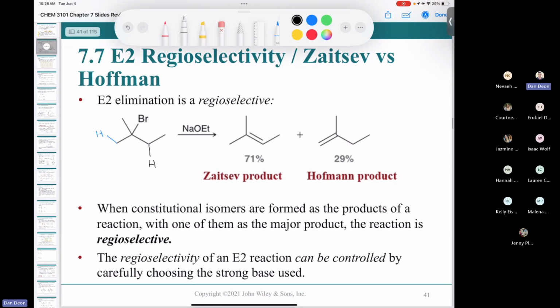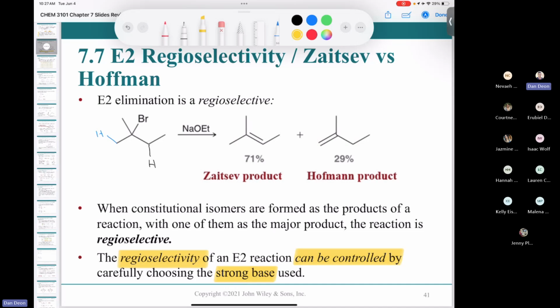That's what regioselectivity means. And it turns out that regioselectivity can, as a matter of fact, be controlled by choosing the strong base. So when ethoxide is used, we get mostly the Zaitsev product.